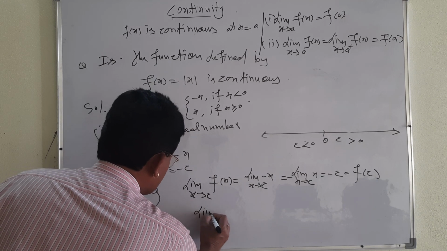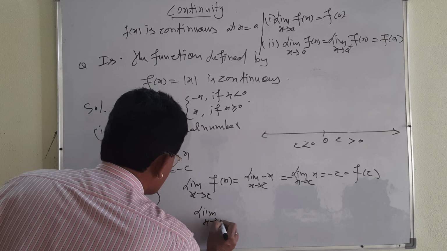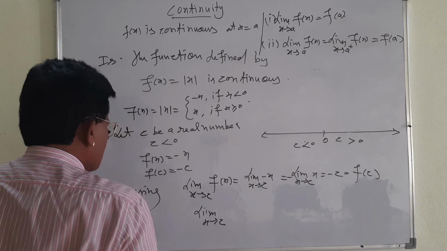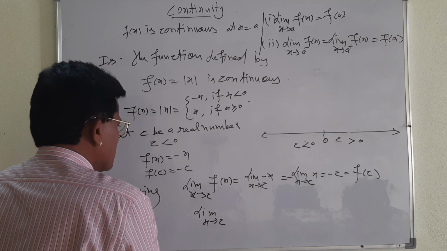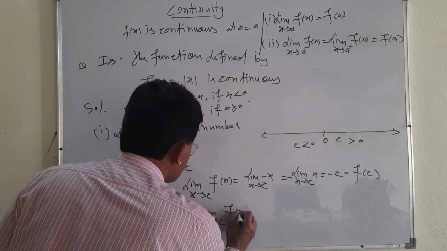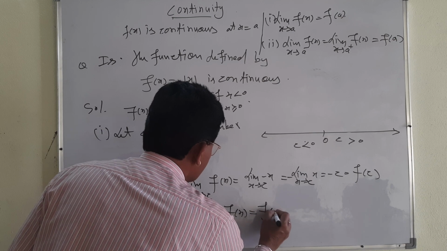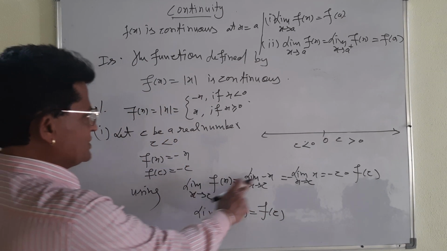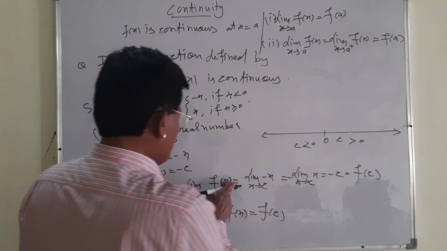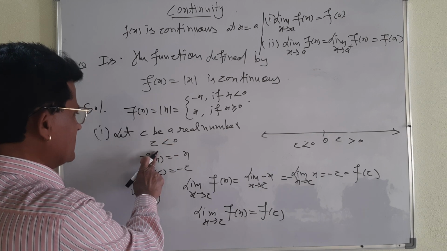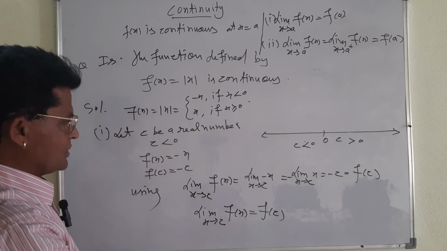Dear student, you got limit x tends to c of f(x) will be equal to f(c). The same condition. Very important thing you must concentrate over here. We have taken c less than 0.